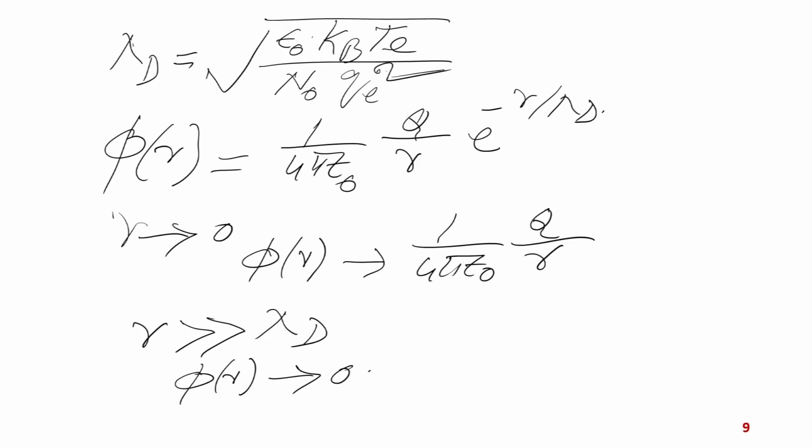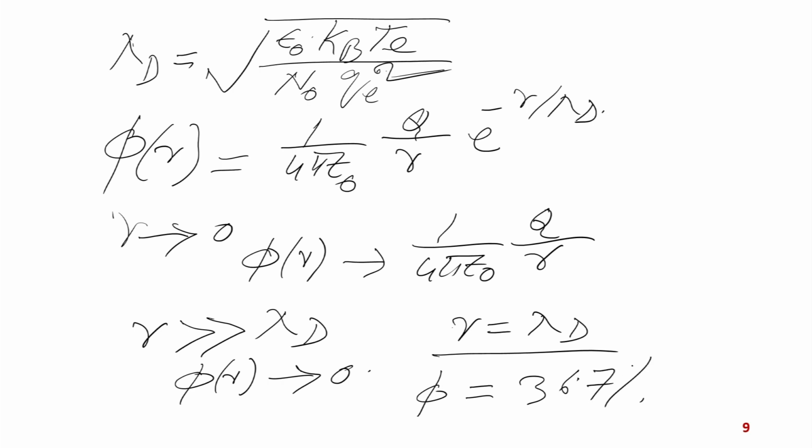This is called Debye shielding. At r equal to lambda D, the potential reduces to 36.7%, that is 1 by e of its value.